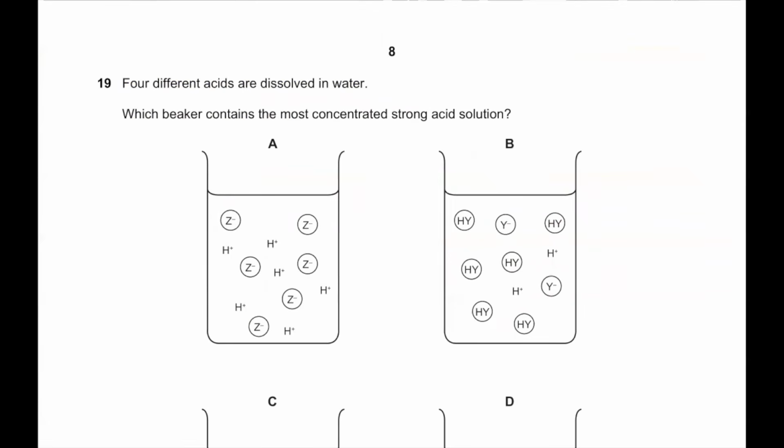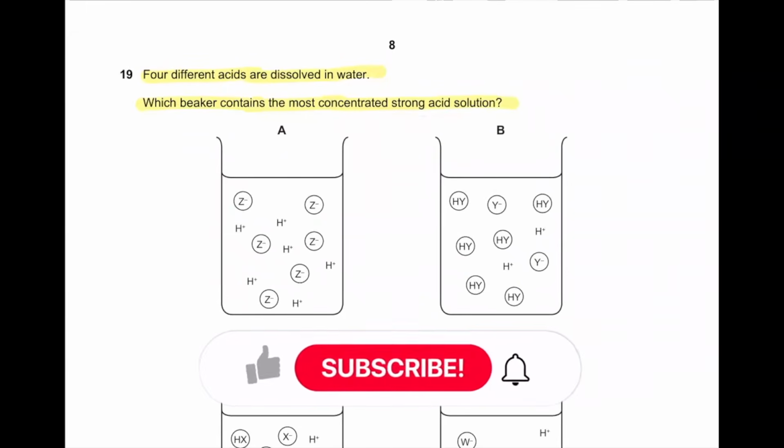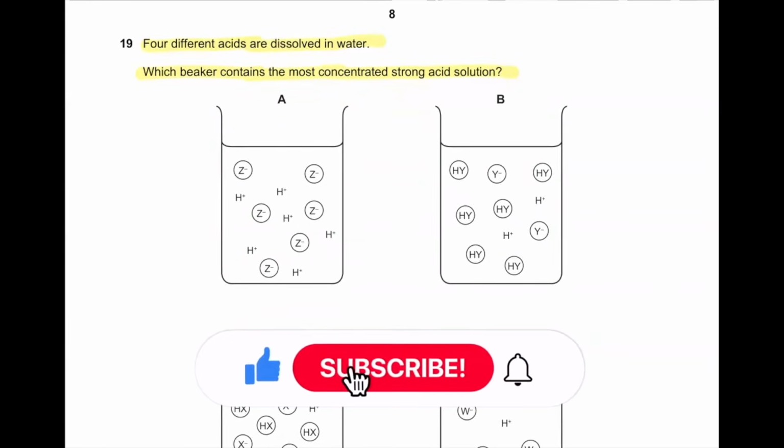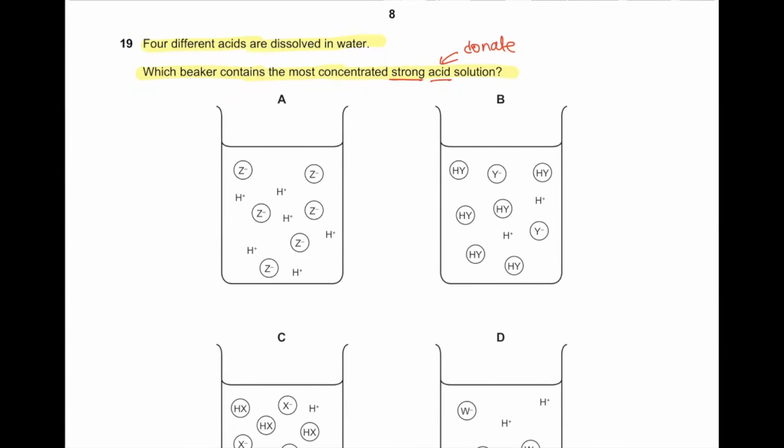Question number 19. 4 different acids are dissolved in water. Which beaker contains the most concentrated solution? Concentrated strong acid. Whenever we have to determine a strong acid, it must fully dissociate. A strong acid's property is that an acid donates a proton, meaning it donates a hydrogen ion, and strong means it ionizes fully.